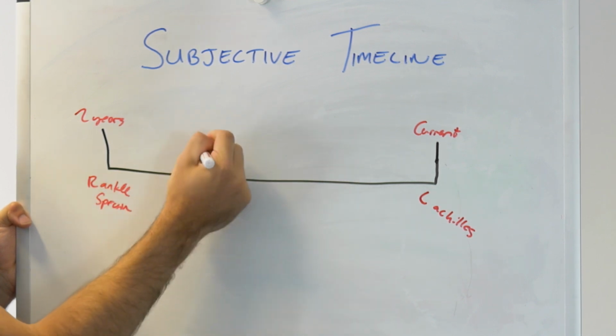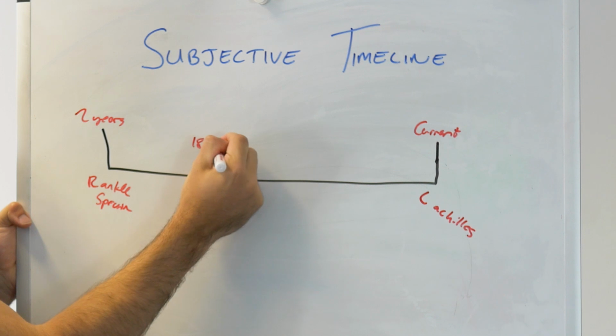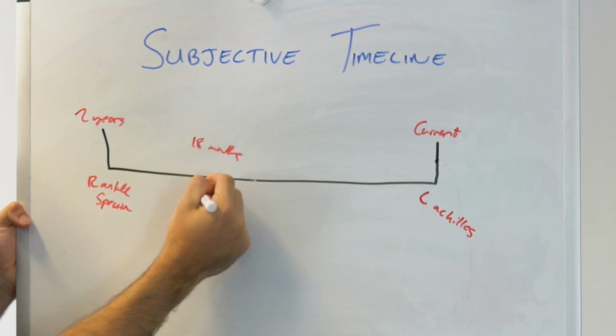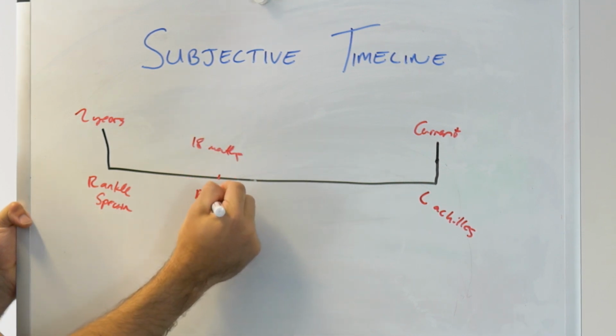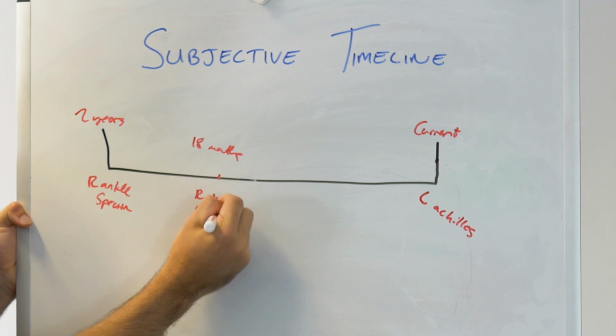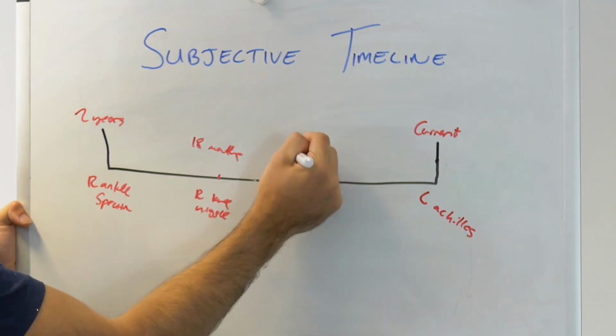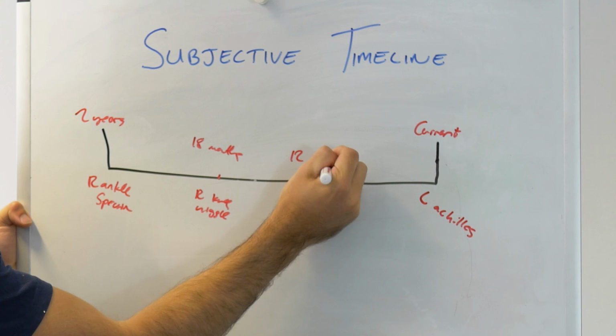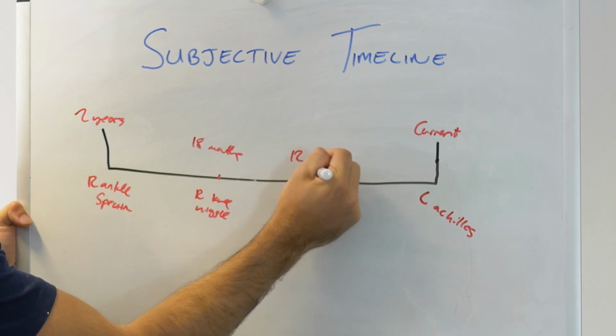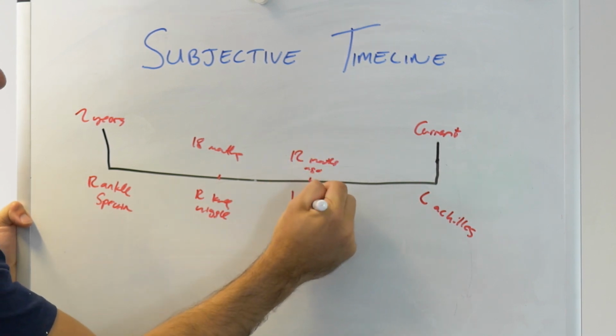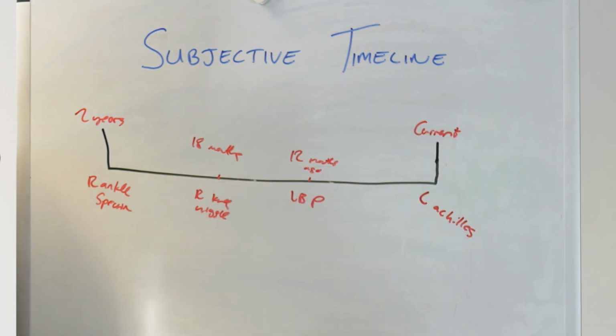Maybe 18 months ago they started to get a right knee niggle. Then maybe 12 months ago they started with some lower back pain, and now they've started to get this Achilles problem.